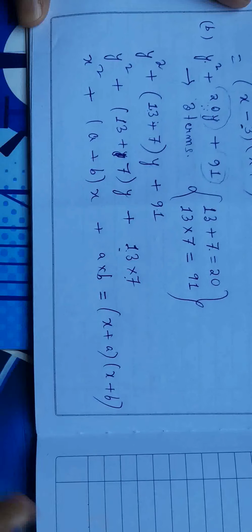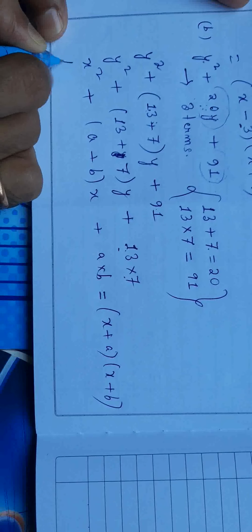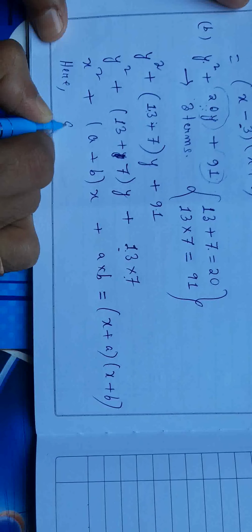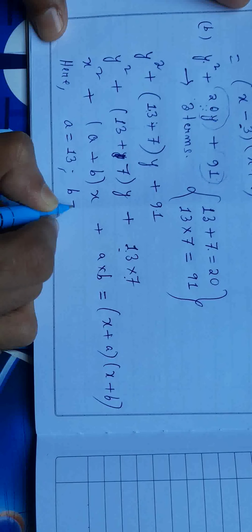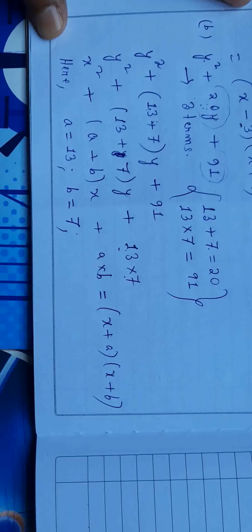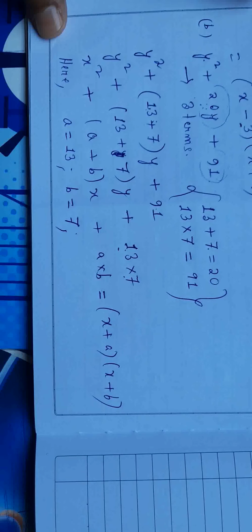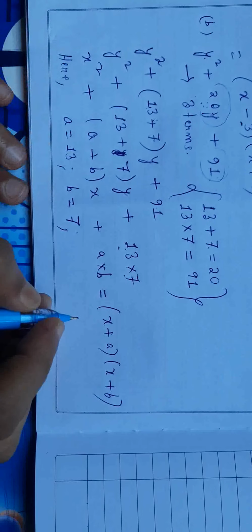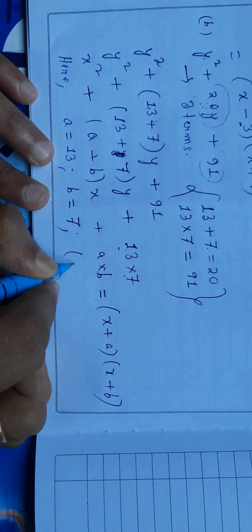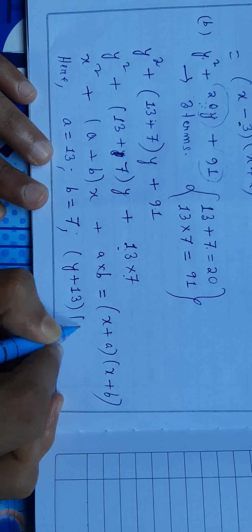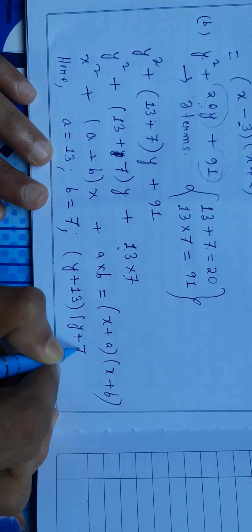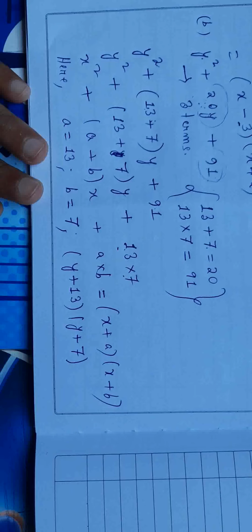Therefore here we find that a equals 13, b equals 7. So the factors would be y plus 13 and y plus 7.